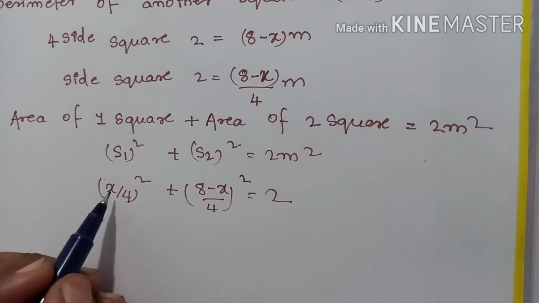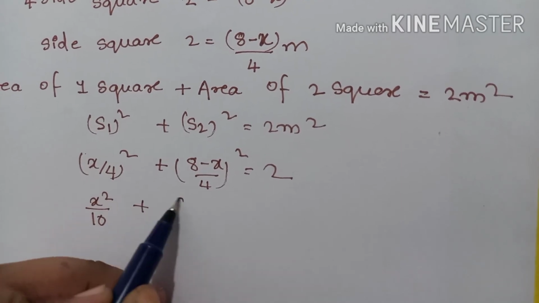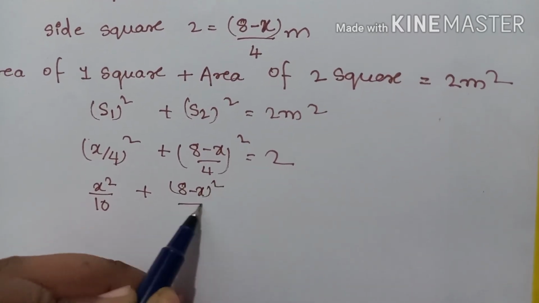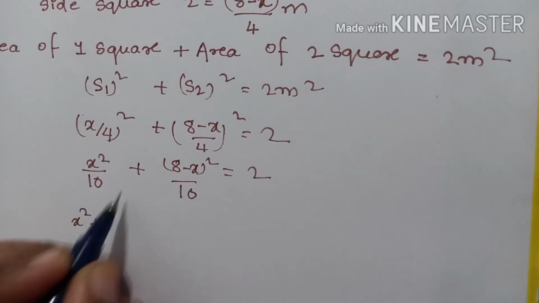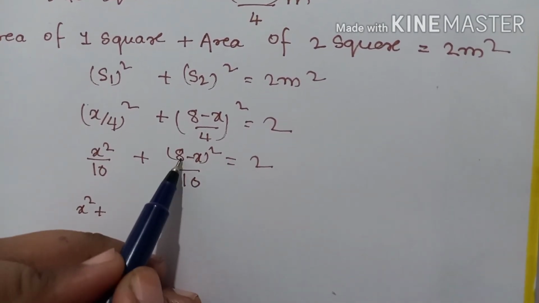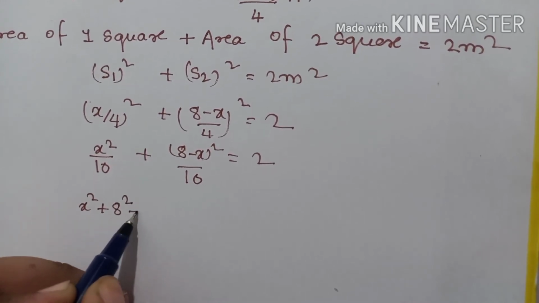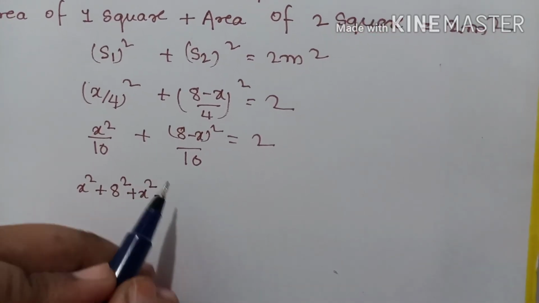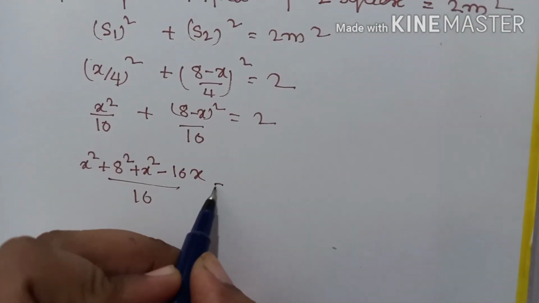Now expanding this, (x by 4) squared is x squared by 16, so x squared plus (8 minus x) whole squared, that is (a minus b) whole squared, which is 8 squared plus x squared minus 16x, over 16 equals 2.